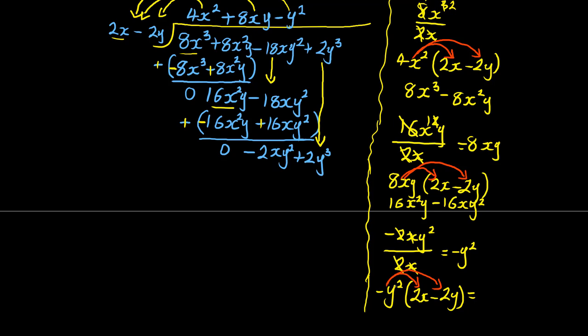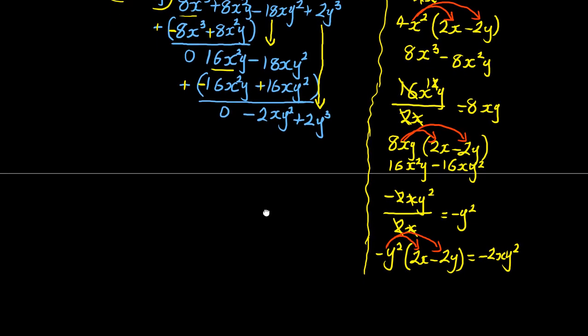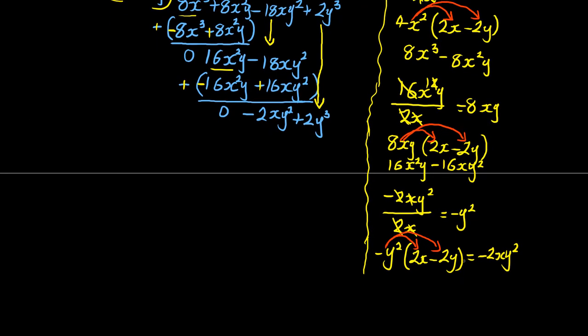So it's minus y squared times 2x, which is minus 2xy squared, as well as minus y squared times minus 2y, and a negative times a negative gives me a positive 2y cubed, because it's a y squared and another y.